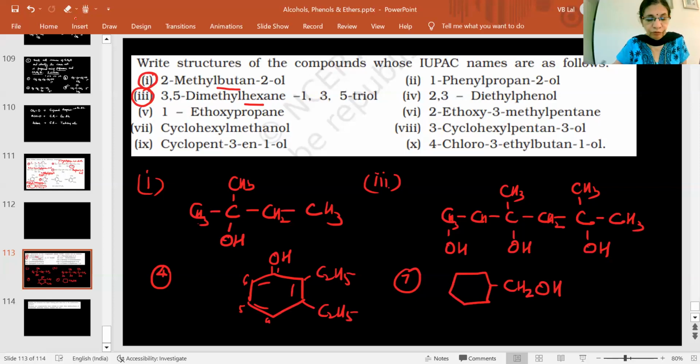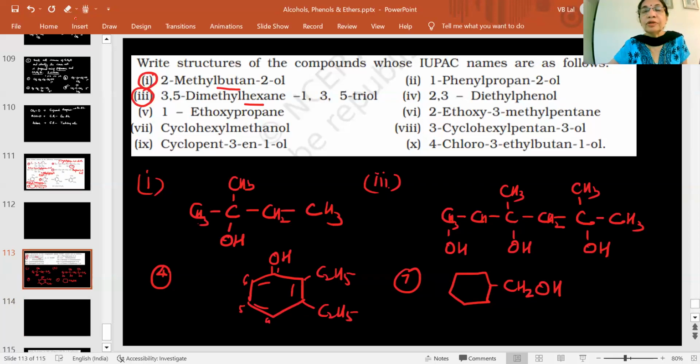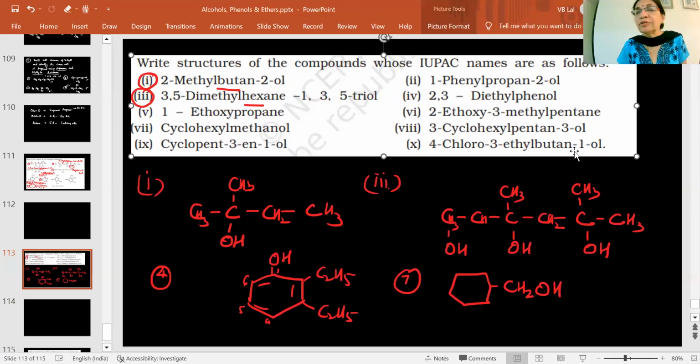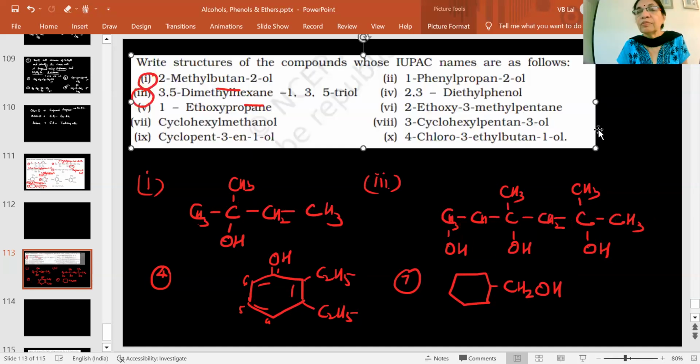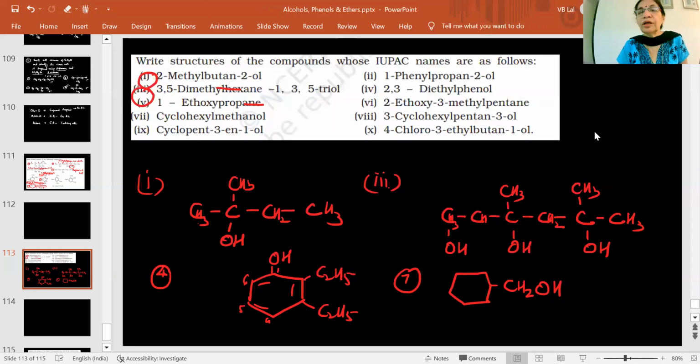1-ethoxypropane, the fifth one. Let me write it there itself. I'll reduce the size of this one. And here I will write 1-ethoxypropane. That is the fifth one.